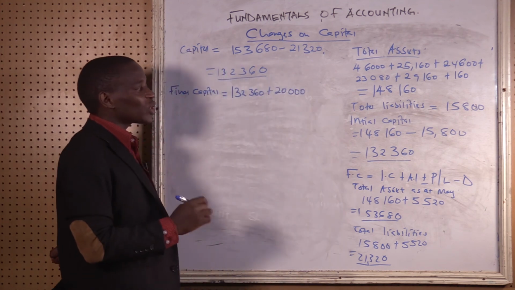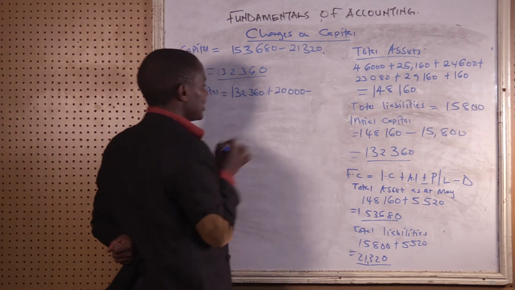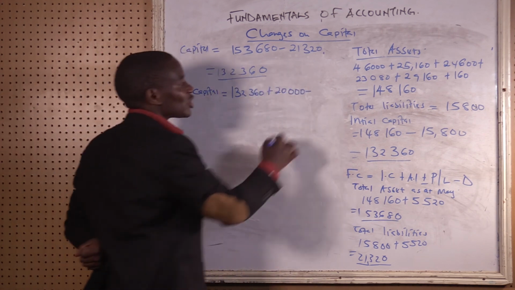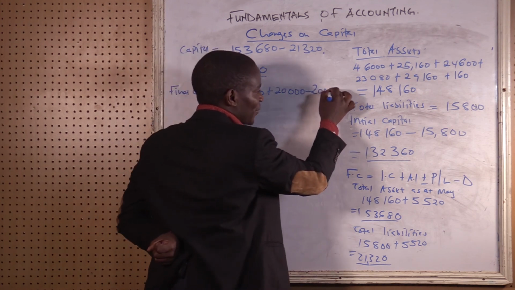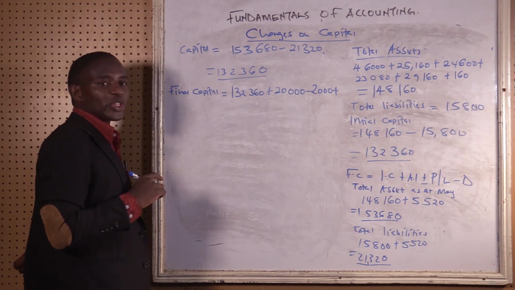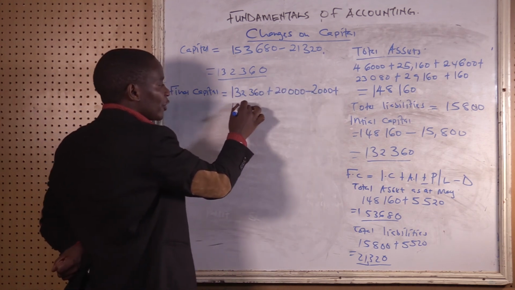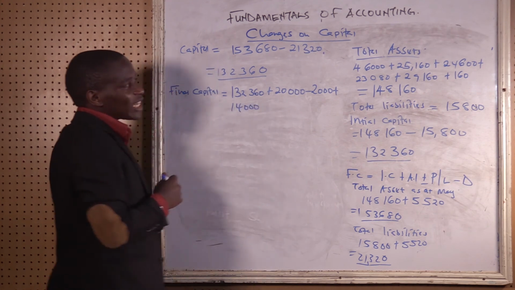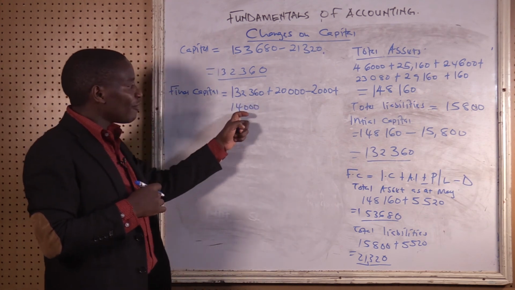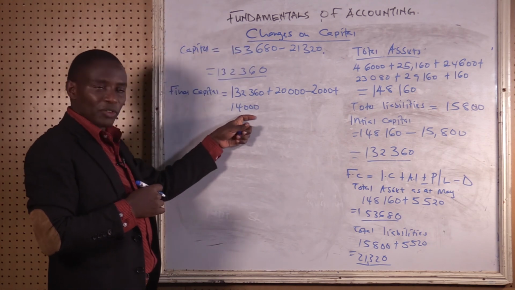Then we had also been told that during the same year there were some drawings of how much? 2,000. And the business made a profit of 14,000. So you add the 14,000. This is what I was telling you. When you have a profit, the business cannot make a loss at the same time. So we shall take the profit alone.